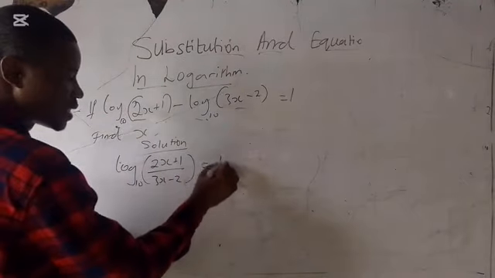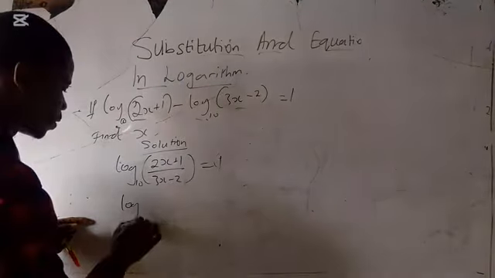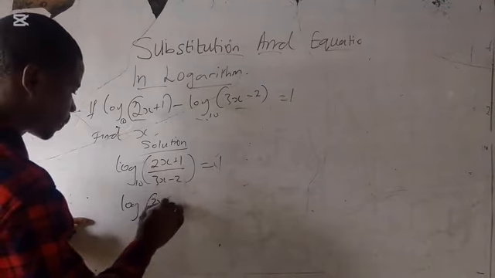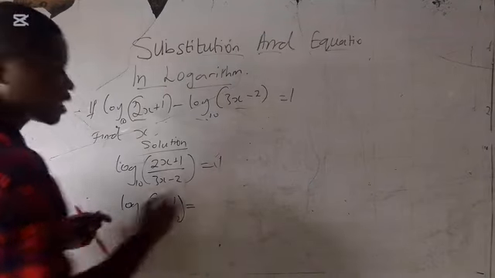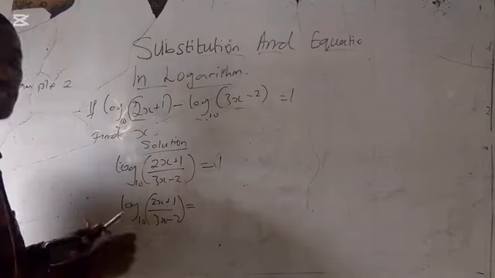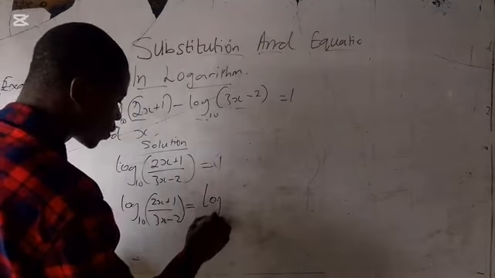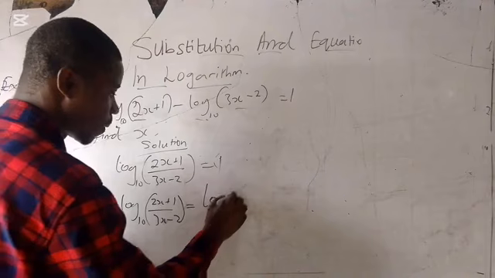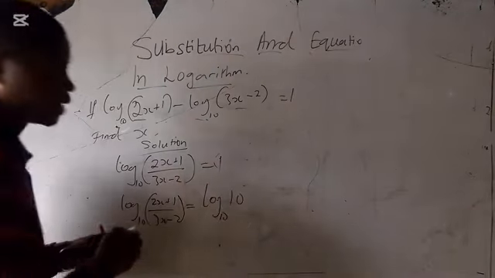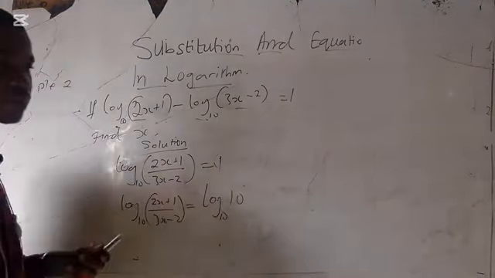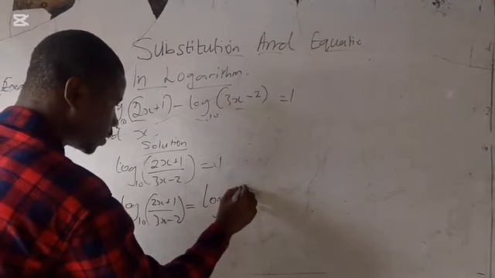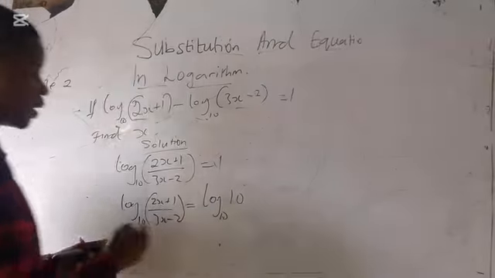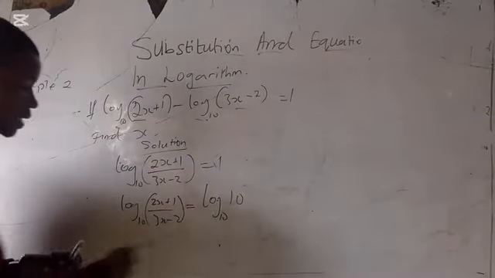Now I will express this one as log 10 of 2x plus 1 over 3x minus 2 equals this log 1. Remember, logarithm of a number to its own base is 1. I can express it as log 10 base 10, because if this is base 10, log base 10 of 10 is 1.